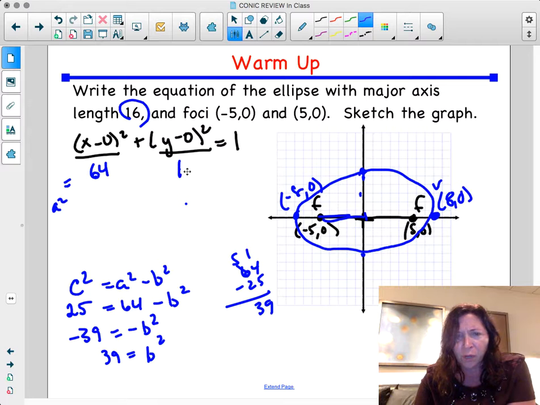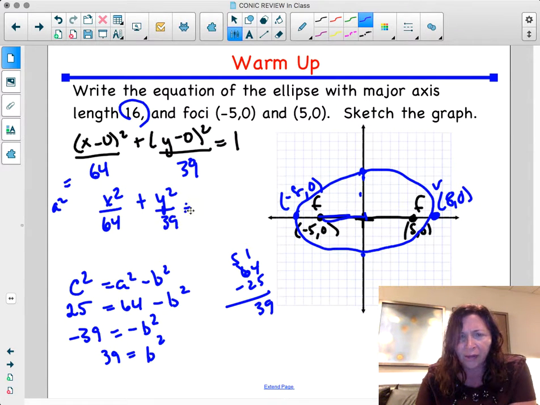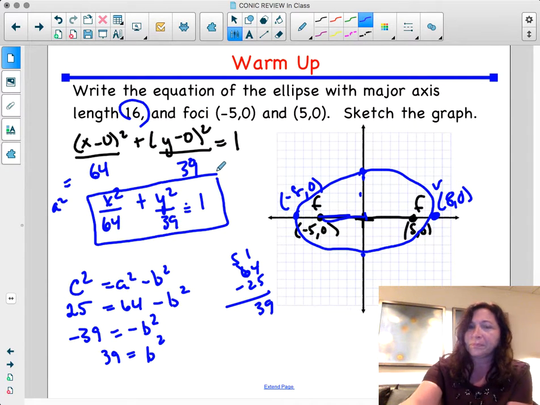And b squared will go underneath my y coordinate. So I'm going to rewrite this as x squared over 64 plus y squared over 39 is equal to 1. And that's the equation of my ellipse.